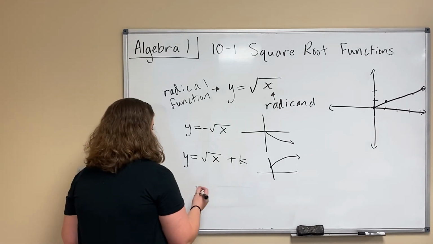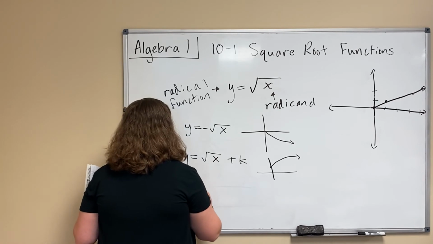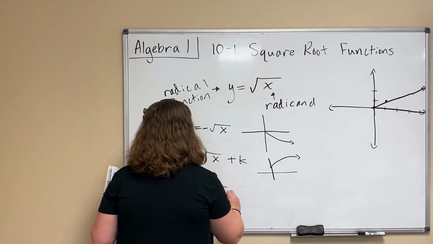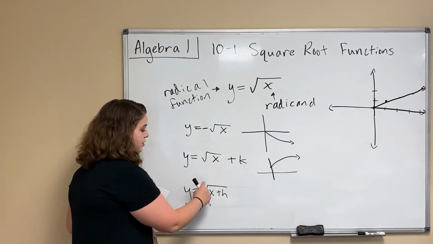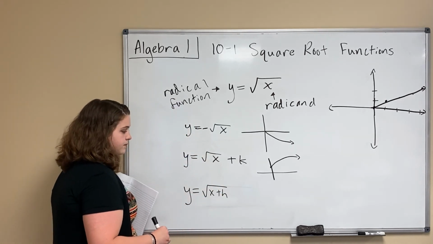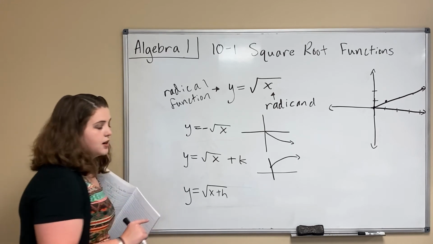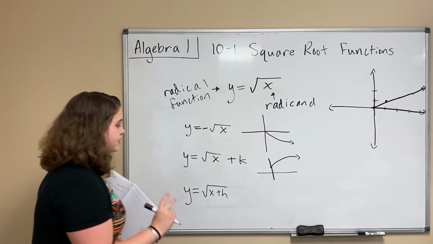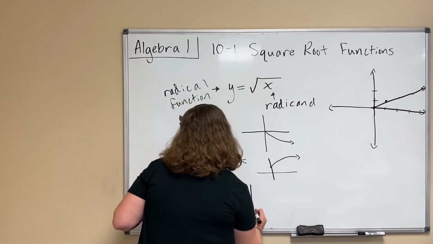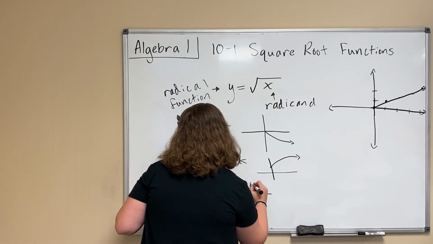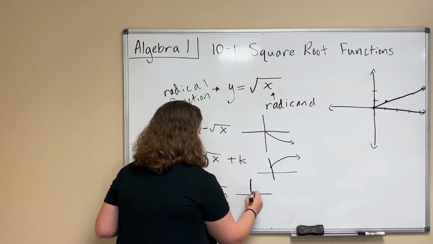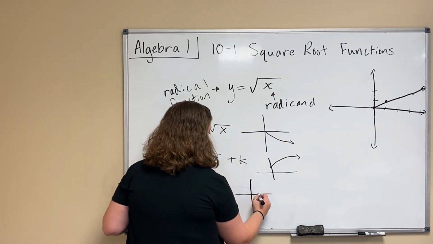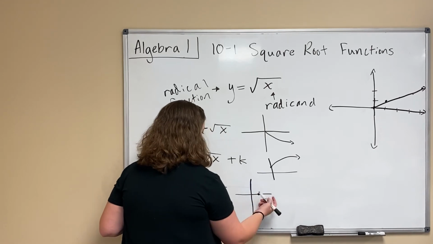One last thing, y equals square root of x plus h. So if we're adding something underneath the radical, that's going to tell me how many spaces to move my graph left or right. So for this one, I've said plus h, so instead of starting at 0, 0 in the middle, I'm going to start right however many spaces h is.